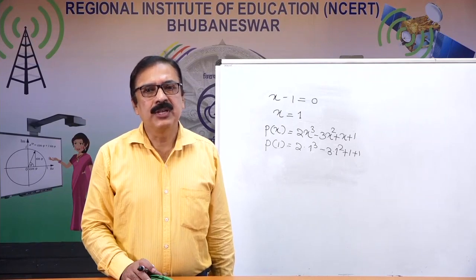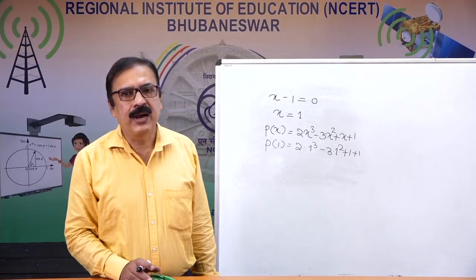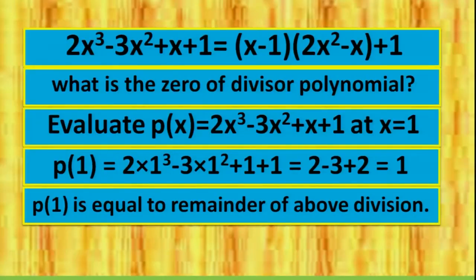Just see on this screen, 2x cube minus 3x square plus x plus 1 is a polynomial of degree more than 1, and 1 is a real number, and when it is divided by x minus 1, it gives remainder 1, which is the same as the polynomial value at 1.